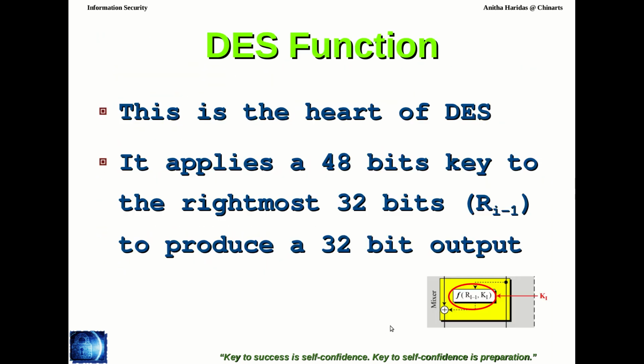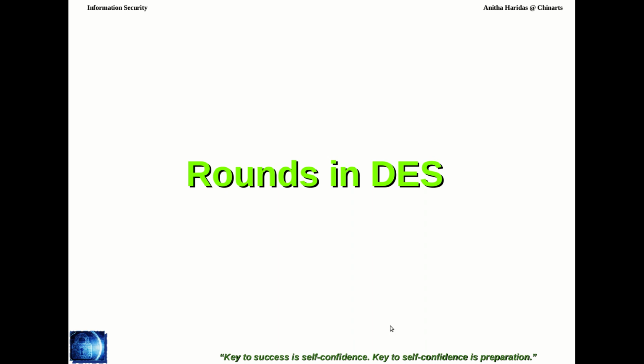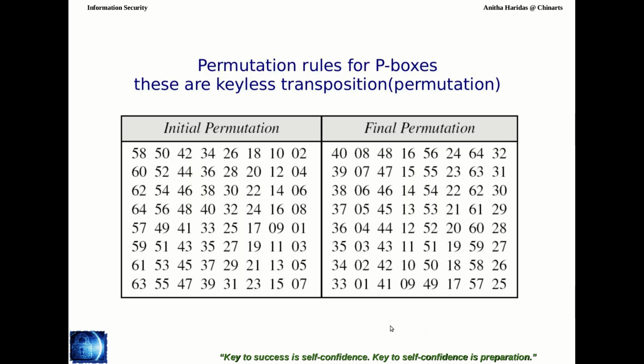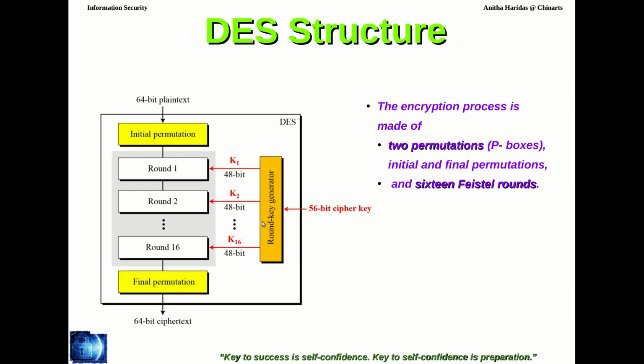Now we should understand how this key generator works for inputting a 48-bit key to each and every round in the DES structure.